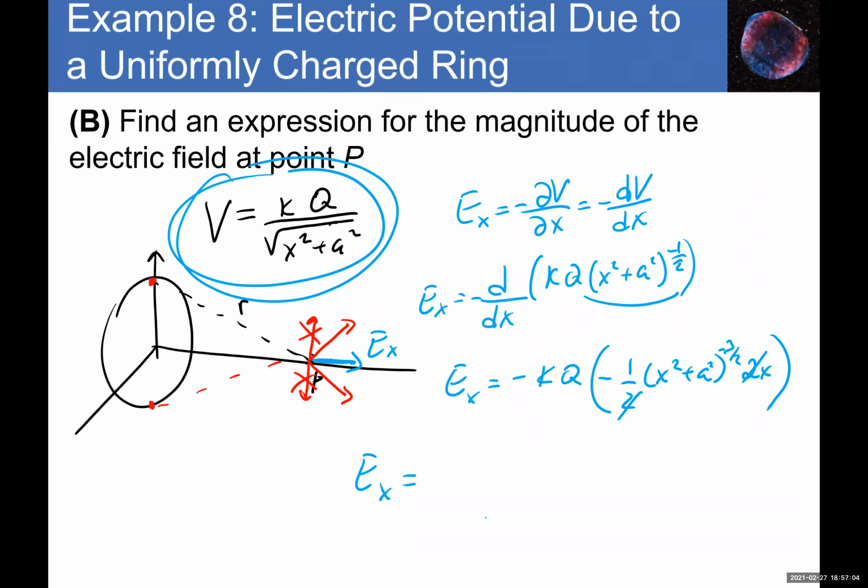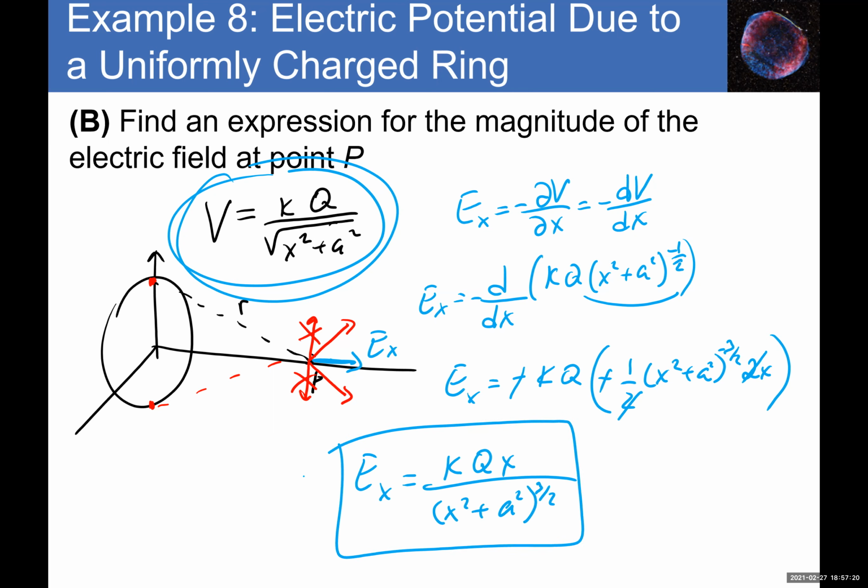This 2 cancels out, and the negatives cancel out. I have kQx over (x squared plus a squared) to the power of 3/2. And that's my answer: kQx over (x squared plus a squared) to the power of 3/2.